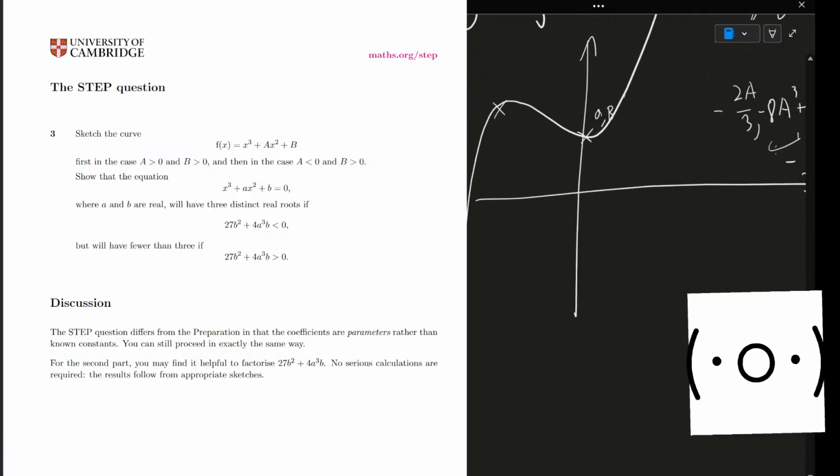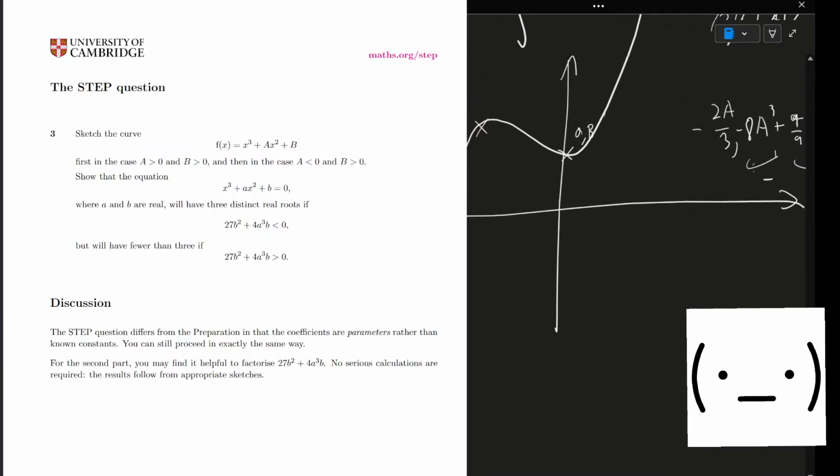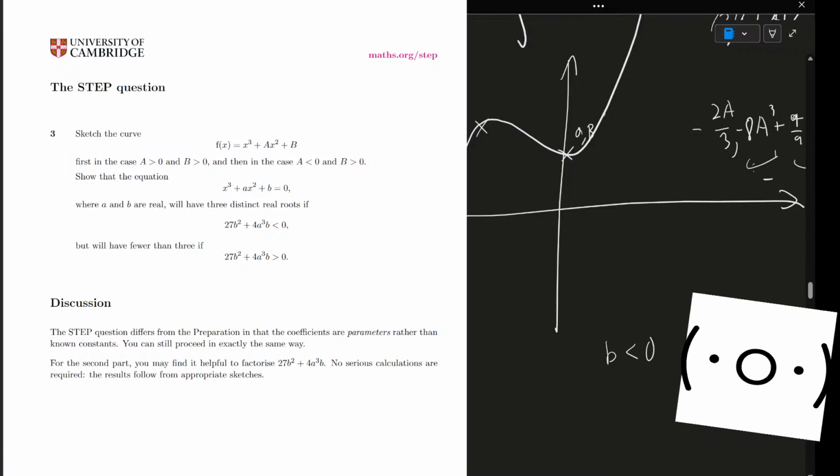You can only have three distinct roots if, only if, first one, these are 0, right?